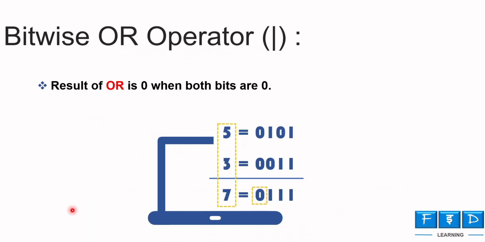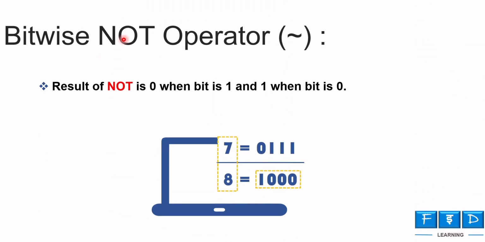Okay, let's understand the next operator, the bitwise NOT operator, which is represented by the tilde character. The bitwise NOT is a unary operator, so it takes one number and performs the NOT operation. Its job is to complement each bit one by one. The result of NOT is 0 when the bit is 1, and the result of NOT is 1 when the bit is 0.